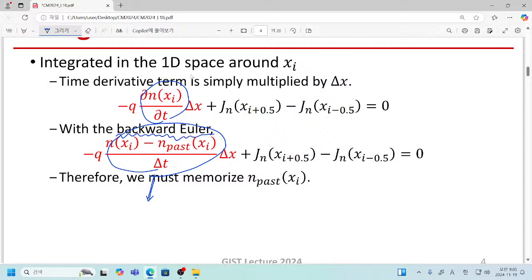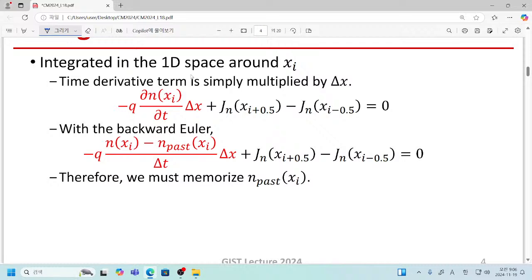If we adopt a more advanced scheme, then instead of simply one single past value of our electron density, maybe we need a more elaborate expression for this time dependency. But anyway, we can do it in this way.